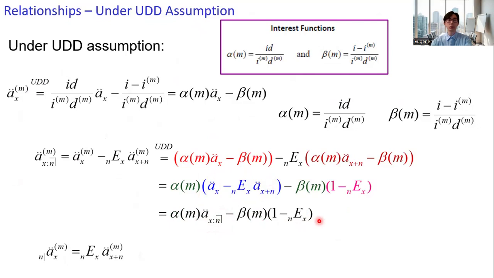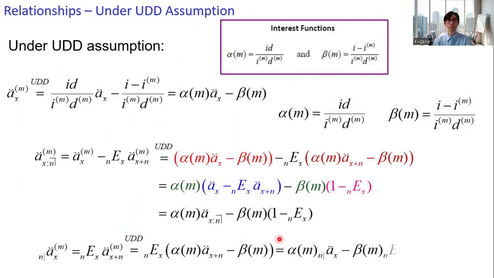For the deferred annuity due, similar logic applies: apply this relationship to ä_{x+n}. And we get this.